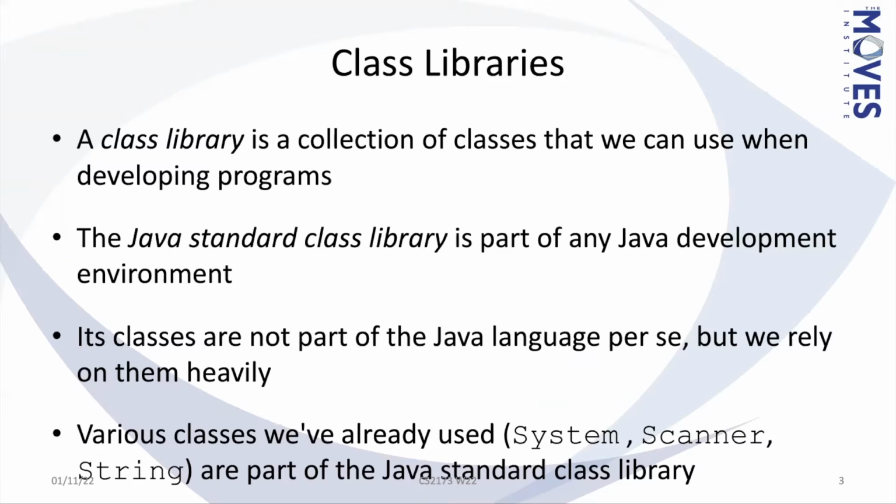A class library is a collection of classes that we can use when developing programs. The one that we're going to be using is the Java standard class library. See, Java's organized in kind of two pieces. There's the core language itself, which consists of things like the compiler and the Java virtual machine.